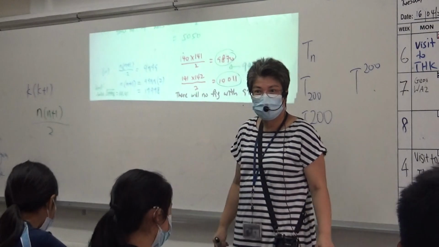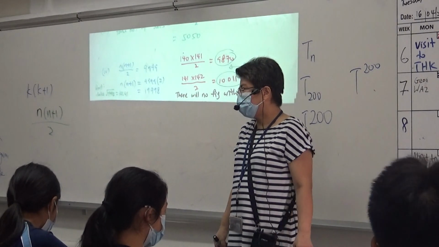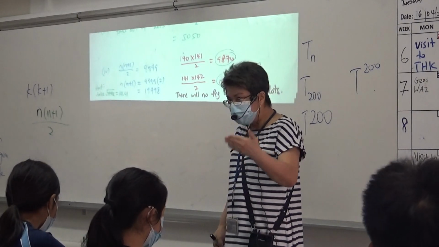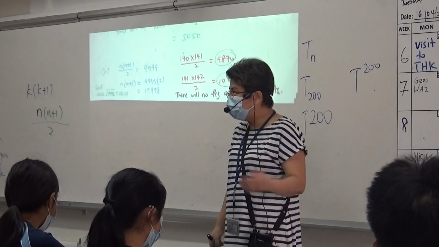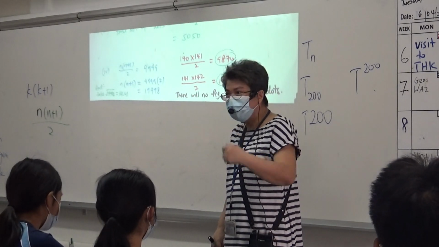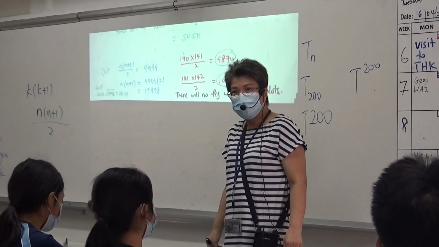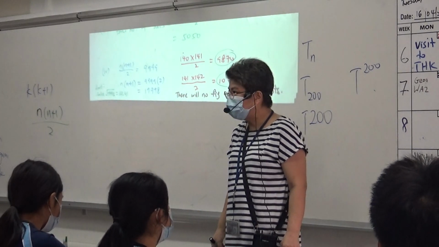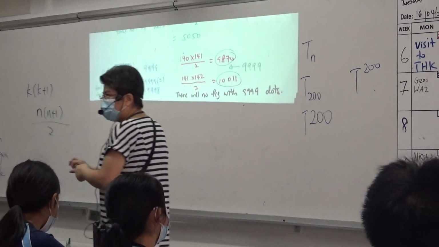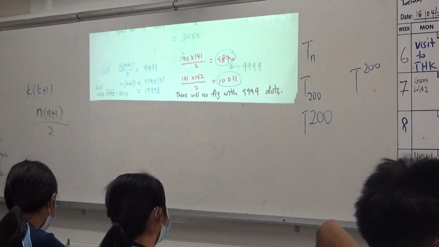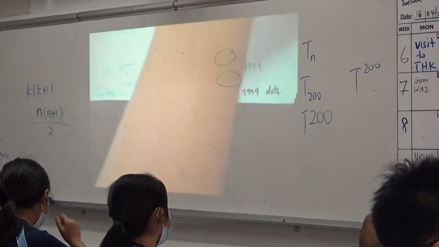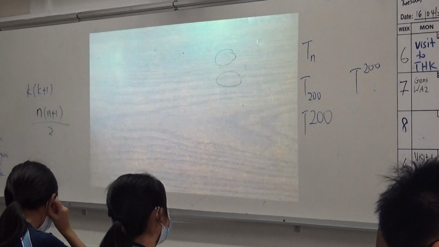Do you understand? This is life. If you tell me you have tried your best and it's still like that, it's fine. But if you have not tried, then it's not fine. Do you follow? Okay, so are you okay with these three examples? Now I'm going on to the next example.